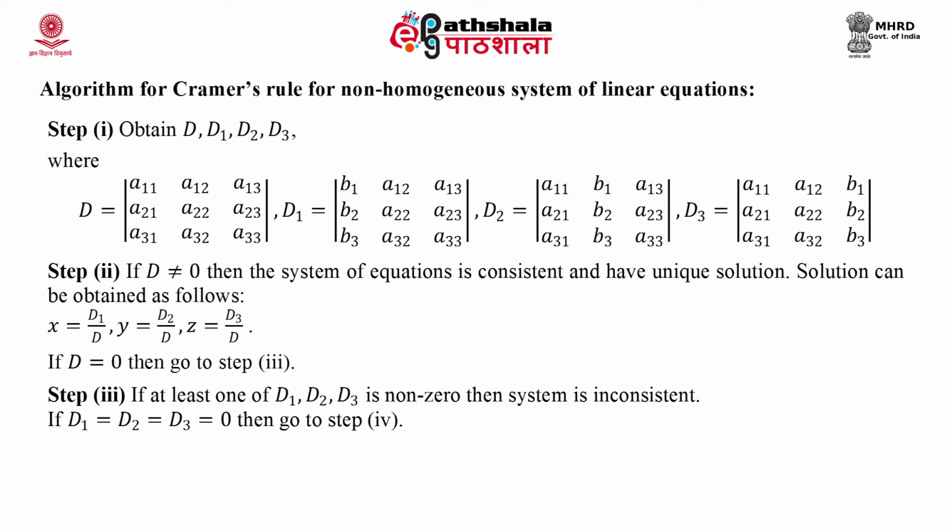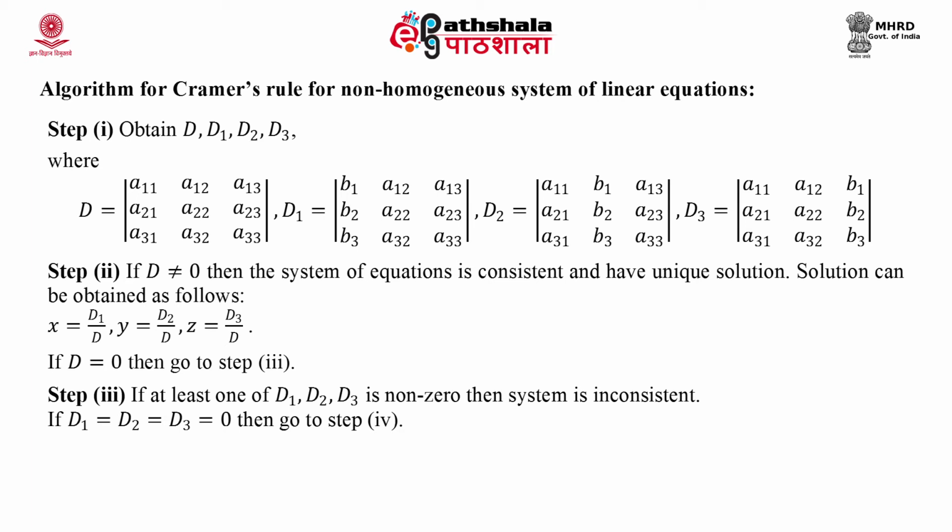They may or may not have any solution. However, if it is consistent, that is, if it has a solution, then it has infinitely many solutions. If D is equal to 0 and at least one determinant D1, D2, D3 is non-zero, then the given system of equations is inconsistent. So, the system will not have any solution.